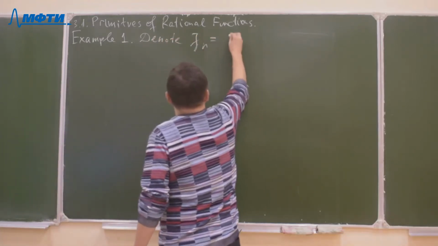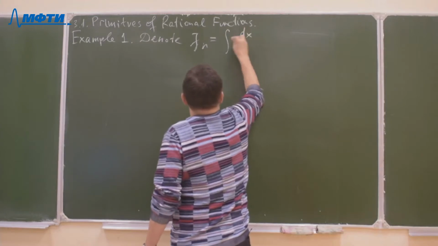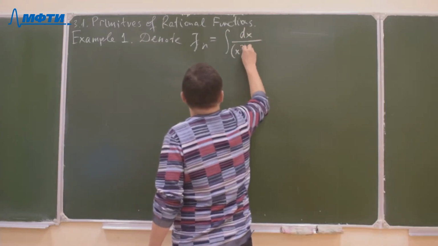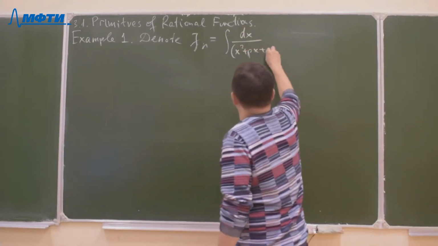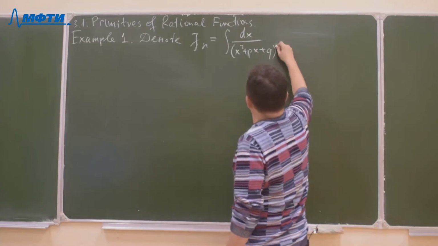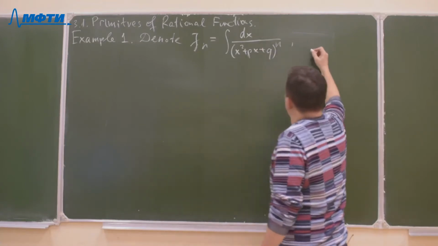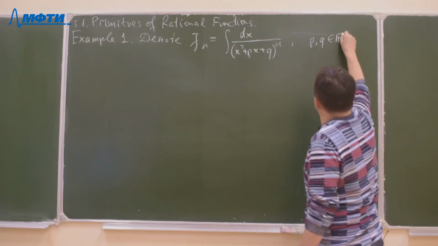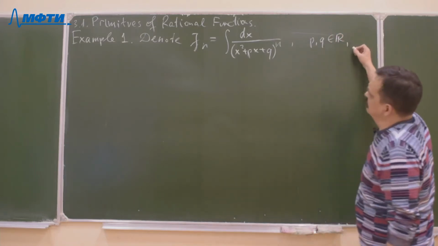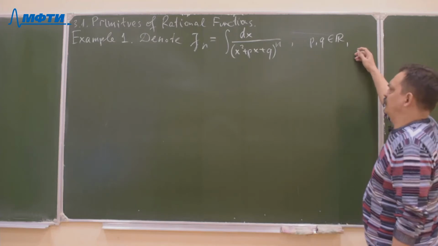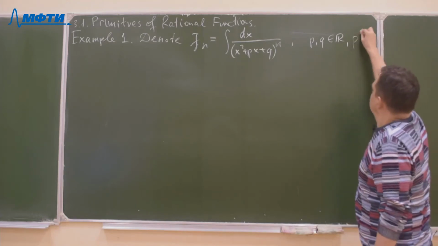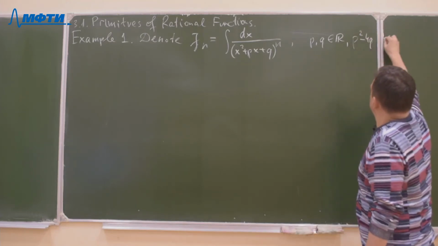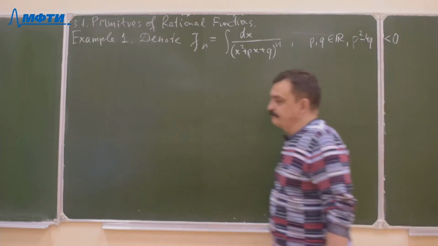J_n equals the integral dx over (x squared plus px plus q) to the power n, where p and q are real, such that p squared minus 4q should be less than 0.